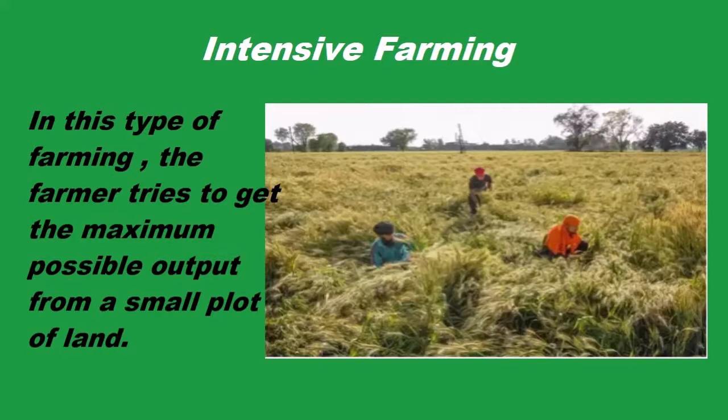Intensive farming. In this type of farming, the farmer tries to get the maximum possible output from a small plot of land. The farmers use simple tools and abundant labor.